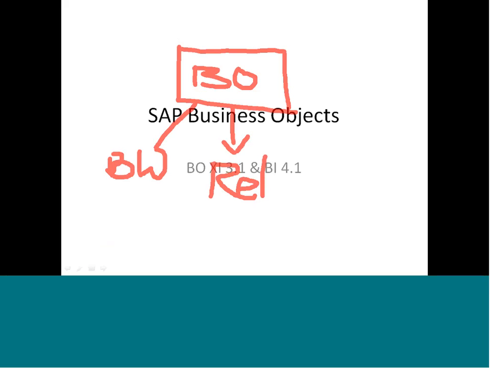Let's say there is a small company where there's not much volume in terms of the transaction data, then the client may be interested to have the Business Objects reporting done directly on the relational database itself, rather than going for another warehousing solution. In those cases, we can connect Business Objects directly to those OLTP or relational systems, the databases directly, and report on top of them.